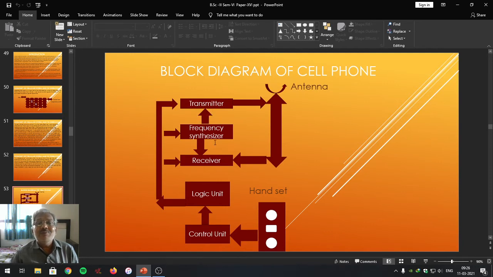And also, in the receiver, for the demodulation purpose, a local oscillator generates the frequency. Now these required frequencies are produced from the frequency synthesizer. And that's why the frequency synthesizer is the block which is connected to the transmitter as well as to the receiver.